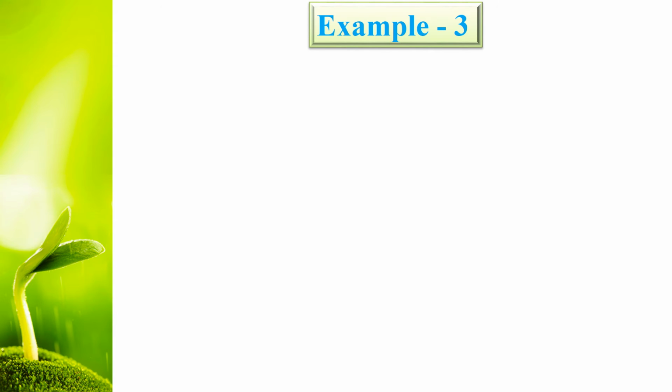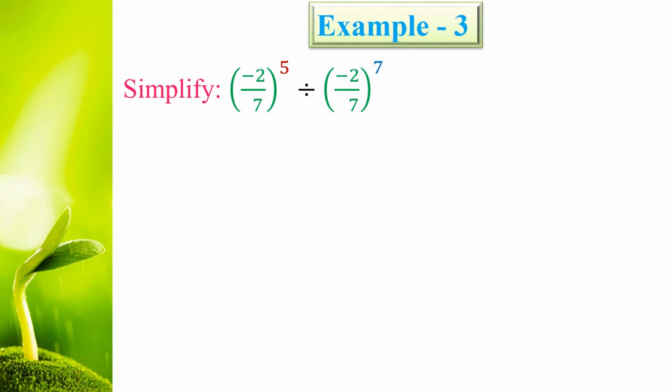Example 3. Simplify. (-2/7)^5 divided by (-2/7)^7. Solution. Here the rational number is -2/7 and the positive integers are 5 and 7. It is division. So, we should compare the powers. Here n is greater than m.